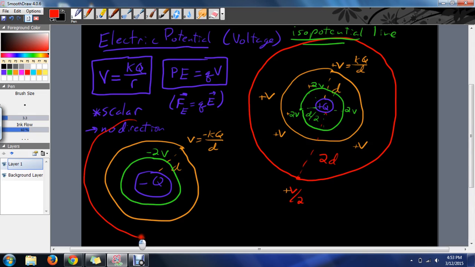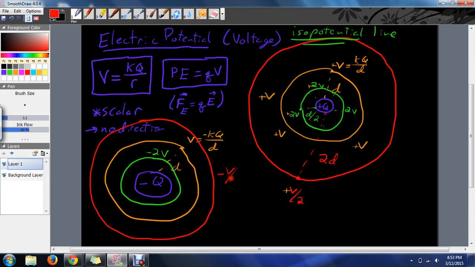And negative V over 2 here. And of course, depending on the distance, you're going to have different values, but I thought it'd be nice to do d over 2, 2d, and d. So notice how this gets less negative as you go out, and less positive as you go away from the positive charge.